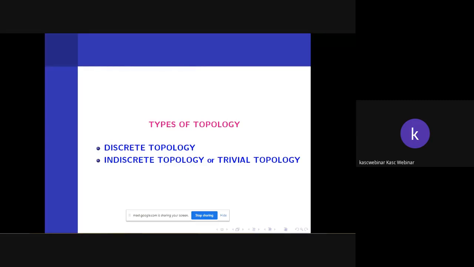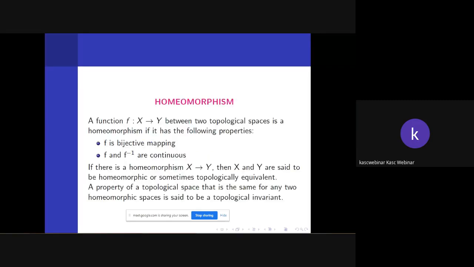To find a topology, you need a non-empty set and a subcollection satisfying the three conditions, which you call open sets. X comma tau is called a topological space. If that subcollection consists of all the subsets of X, that is the power set of X, you call it the discrete topology. For the indiscrete or trivial topology, obviously if X and phi alone are there, that will satisfy all three conditions.